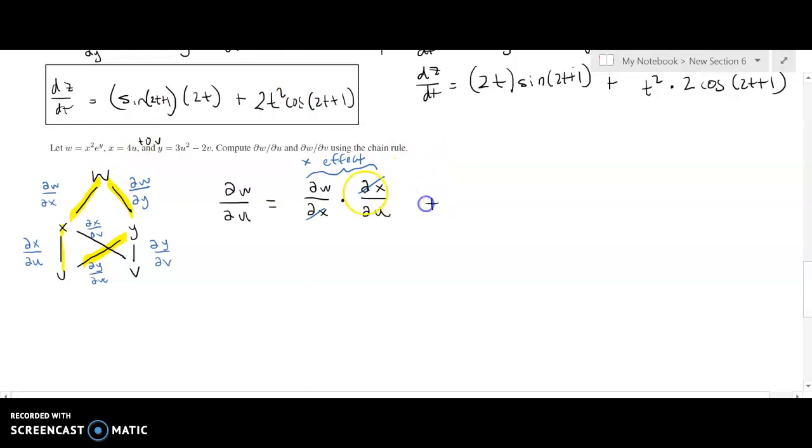Now we're going to add to that also the contribution of dw/dy. So how does y affect the change in w? Well, y affects w, but u affects y. And again, we see that those cancel and we get another dw/du, and we can think about this as the y effect.